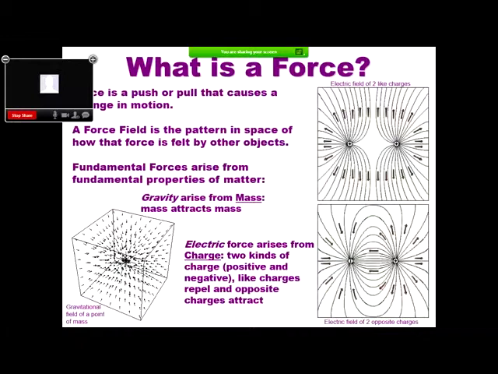So for example, there are fundamental forces that come from fundamental properties of matter. Along with mass comes a fundamental force called gravity. And you can draw what that force field looks like with arrows. This is a vector force field, and so it's very simple. It's shown in that box on the bottom left. And all the arrows point straight down towards the object of mass.